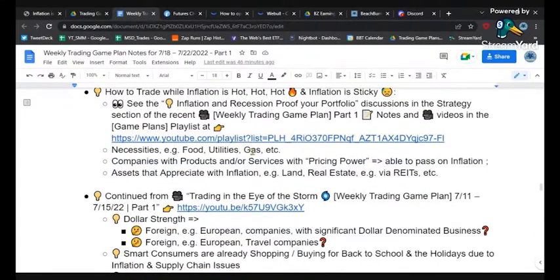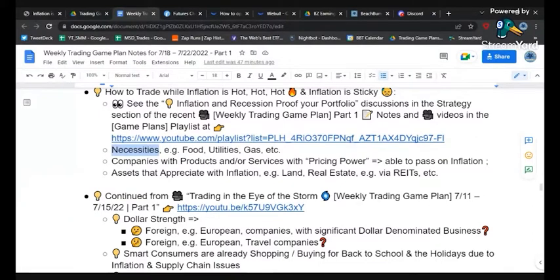So again, to trade inflation, some additional points: focus on necessities. People are going to be cutting back, right? Everything's costing more and they have limited money. That's why consumer discretionaries are not a good place to be right now, because people are going to cut back on anything that's discretionary. But anything that's a necessity, they have to purchase. That's a pretty safe bet, right?